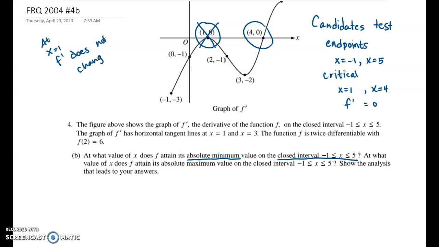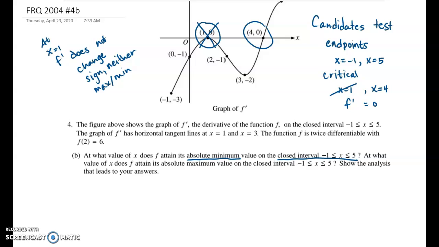F prime is 0, but it doesn't change sign. So there's neither a max or a min at x equals 1. So for our candidates, I'm going to cross off x equals 1 as a possible candidate because f prime does not change sign.